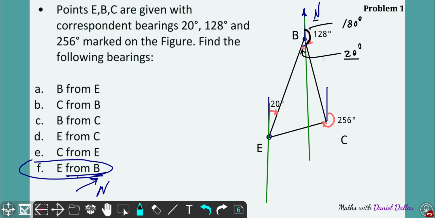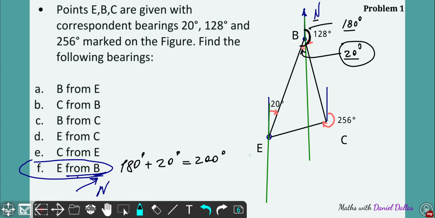And on top of that, we need to add 20 in order to find the complete bearing, because your bearing is again a clockwise turn from north direction, where you have initial point B, up to segment BE. So right there. Okay, so that's 20 degrees angle, and 180, in total we have 200 degrees. All right, so we've got that, and this is the answer to the last question.